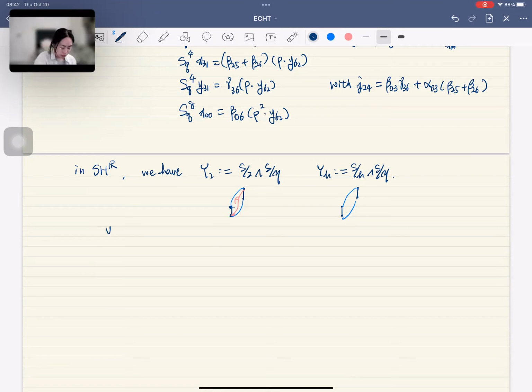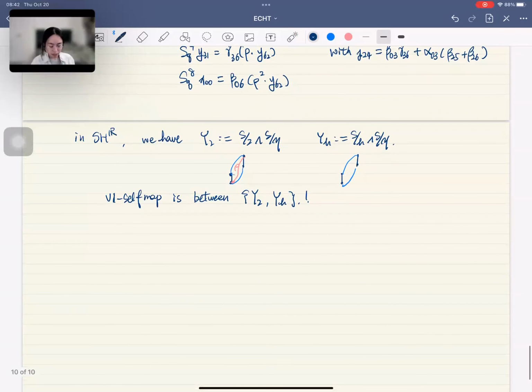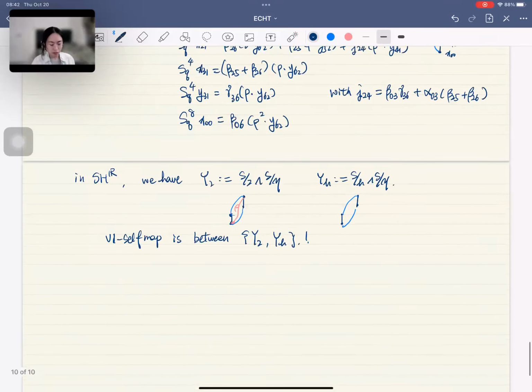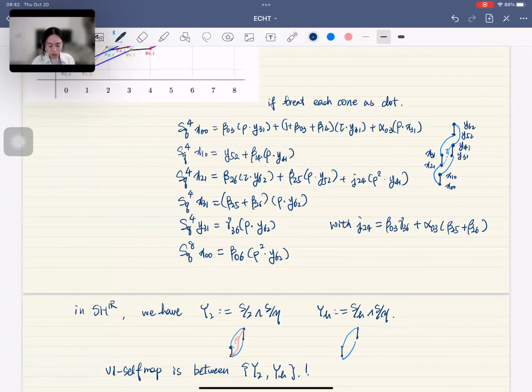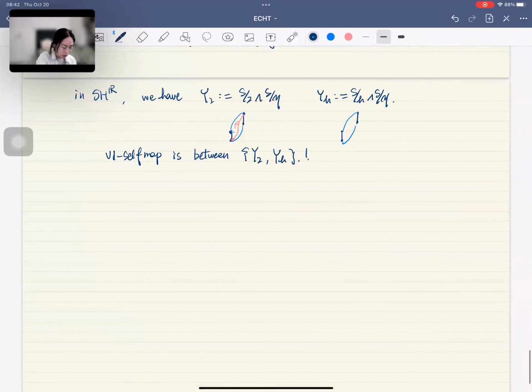But R-motivically, the v1 self-map can map between Y sub 2 and Y sub H. So it's actually between the classes of lifts of Y. So maybe it's not exactly a self-map if you put it in the strict sense, but we do find some connections: if you give one specific A-module structure of A(1), then it's like the cofiber of a self-map between Y_2 or Y_H, or mapping from one to the other. So this is our theorem.